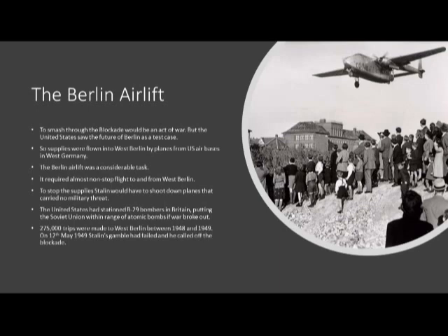We know that the Soviet fighter planes buzzed the civilian planes engaged in the airlift. As a result of that, the Americans began to station their B-29 bombers, which carried atomic bombs, to various different air bases in Western Europe, including Britain. So the threat of nuclear war was quite real during this time.